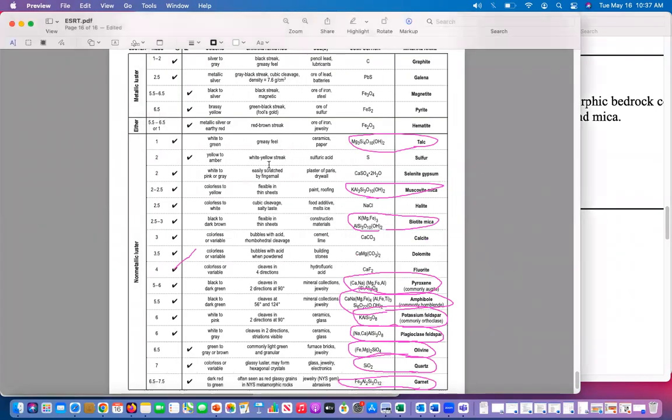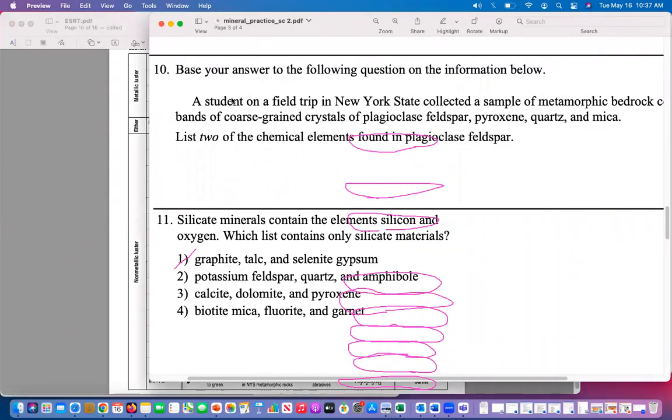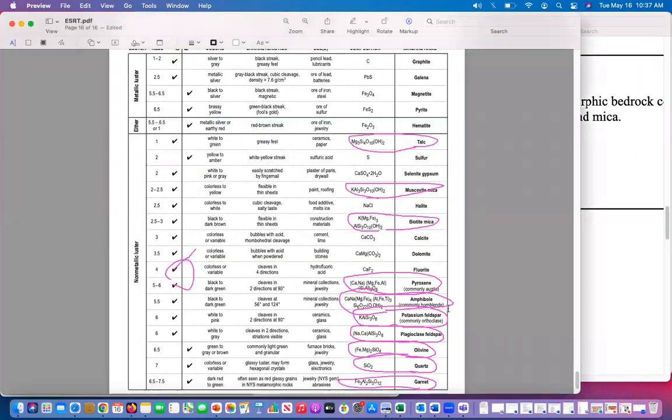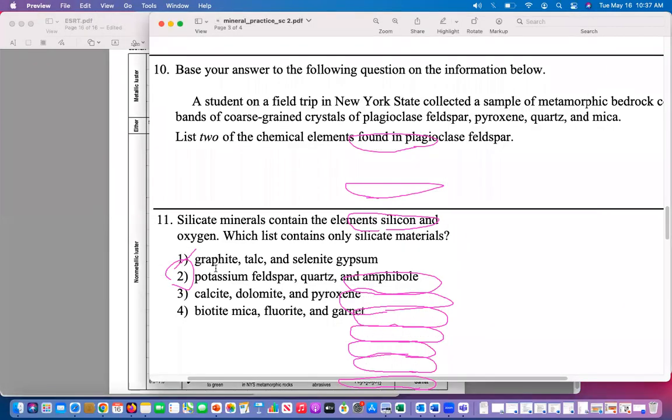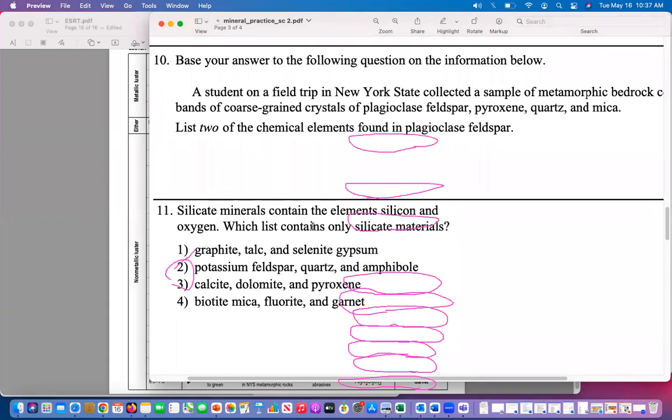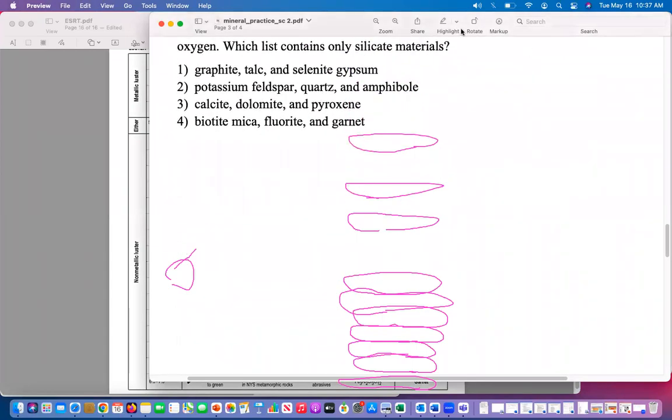Potassium feldspar, quartz, and amphibole. Yep, it's choice 2. It matches all of the ones that have Si and O, because silicate minerals contain the elements silicon and oxygen. All right, let's keep going.